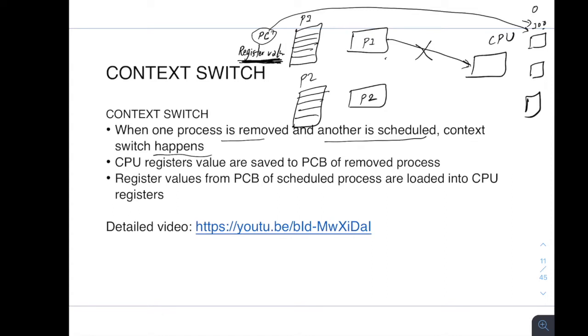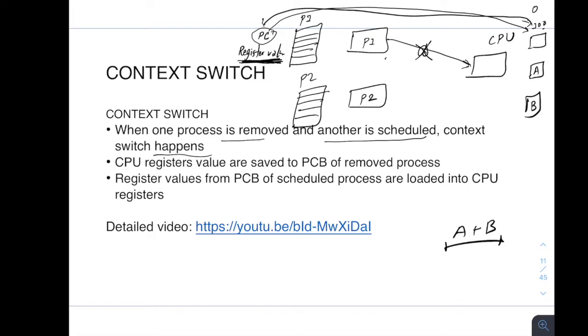But now you need to save this context, right? Because P1 is going to get some CPU time again. So first the kernel has to save the program counter update into this PCB, and then it can remove the process from the CPU. It has to save other things also, because in between it would have used some registers. Let's say it was executing an instruction A plus B. In that case, the A and B values will be stored in these registers.